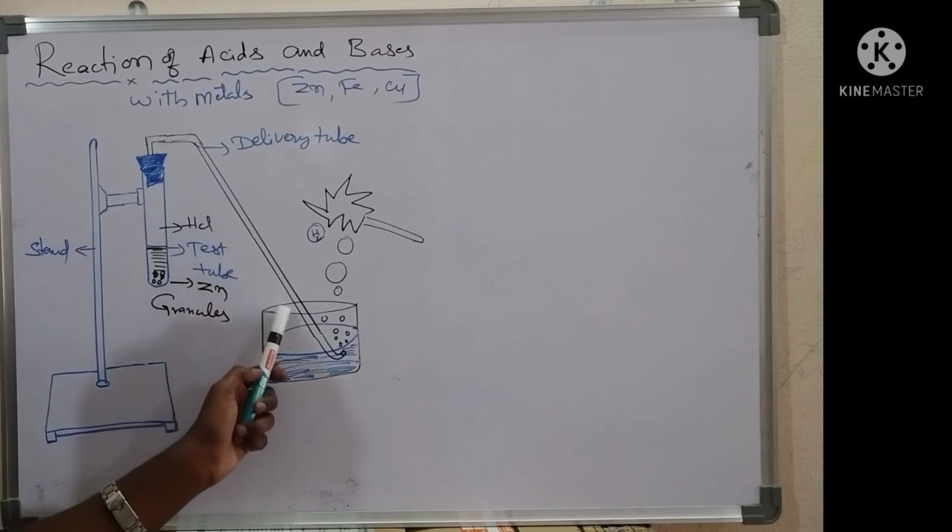Why are these bubbles formed? What is filled in those bubbles? The bubbles are formed due to the gas coming from the delivery tube. What could that gas be?